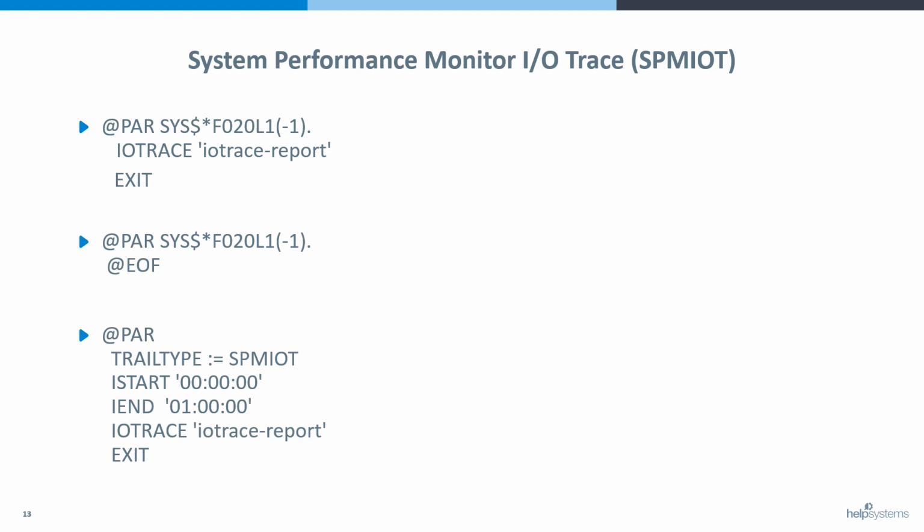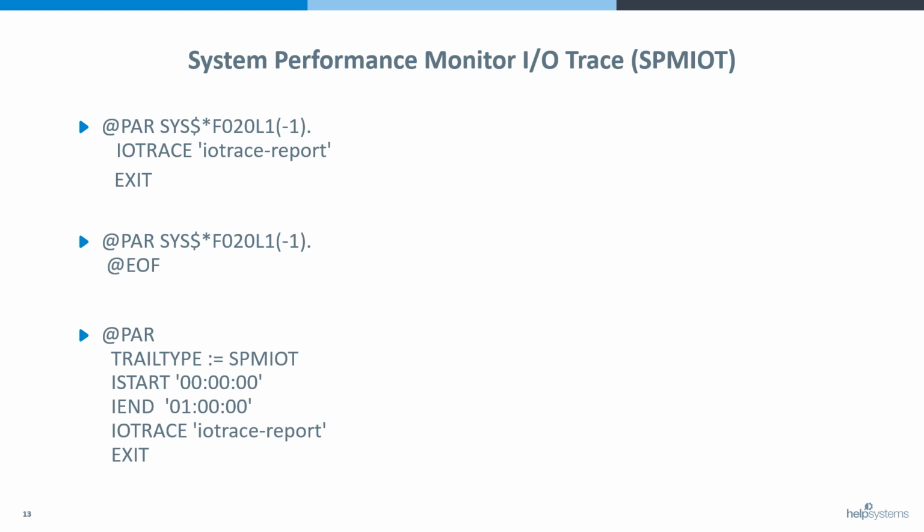Secondly, the iStart and iEnd commands for start datetime and end datetime. Then your normal IOTrace report commands. PAR will determine which SPM or SPM IoT audit trail file cycles to process. Let's review the example.